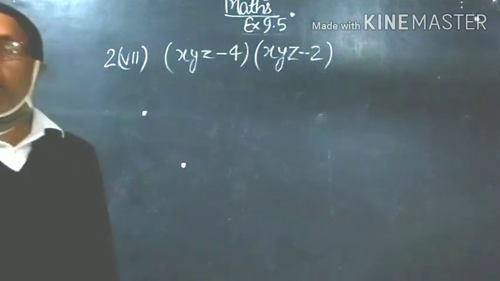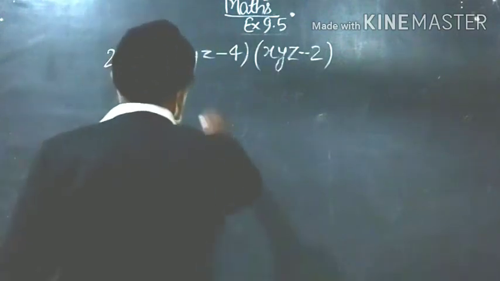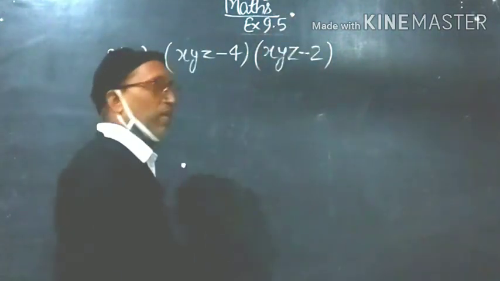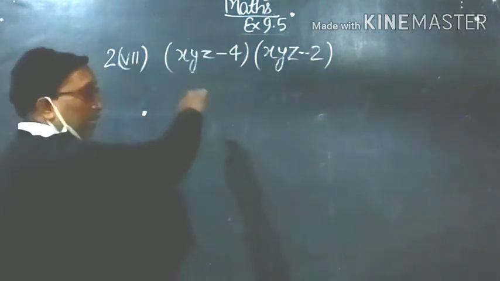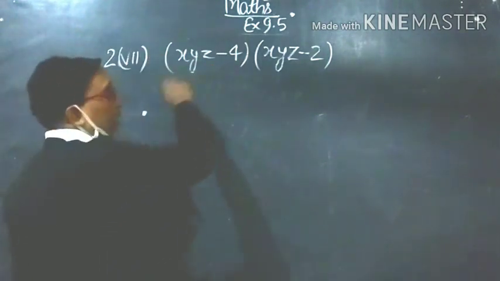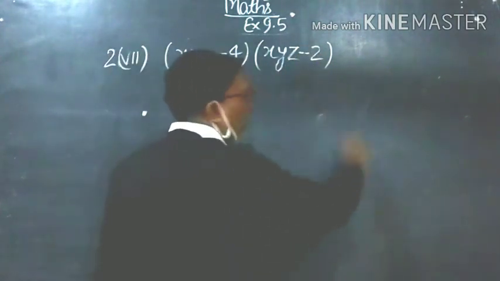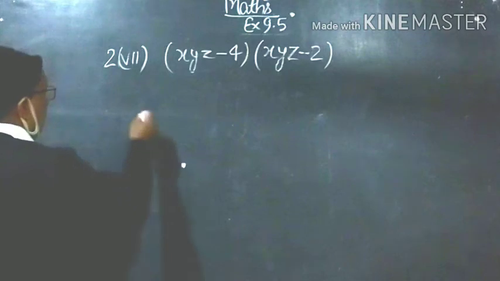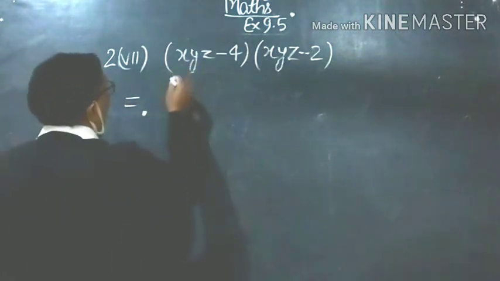You find the product of the given binomial by using the identity (x plus a) into (x plus b). Here x is equal to xyz, a is equal to minus 4 and b is equal to minus 2. We are using the identity (x plus a) into (x plus b).